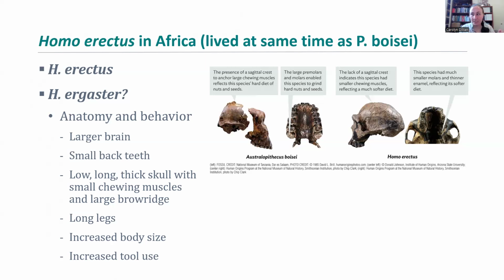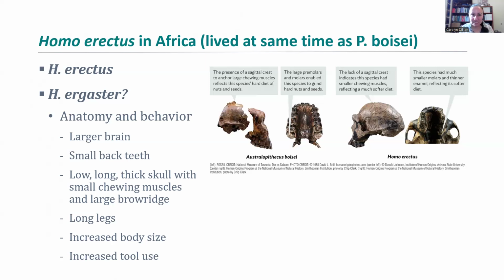So Paranthropus boisei, this is an image from your book, has a sagittal crest or sagittal keel. Homo erectus, or Homo ergaster in Africa, does not. Paranthropus boisei has these really large back teeth, large molars. Homo erectus does not, has small teeth like us. So these two species are living in the same place in East Africa at the exact same time.